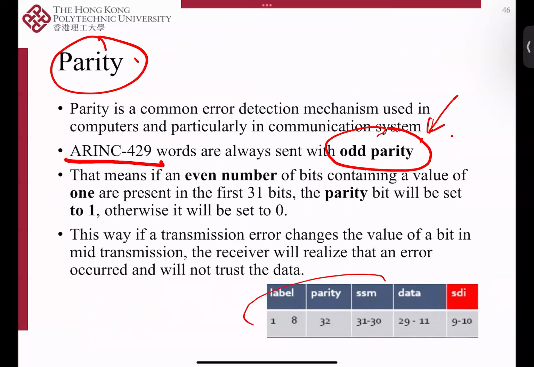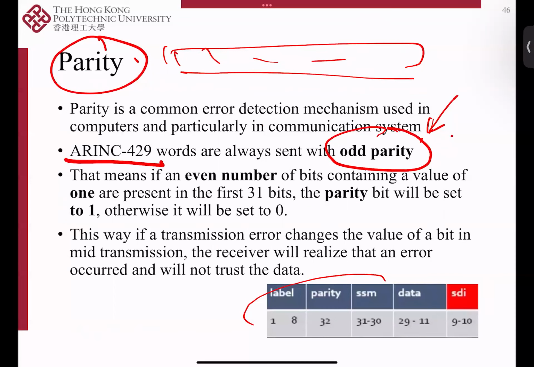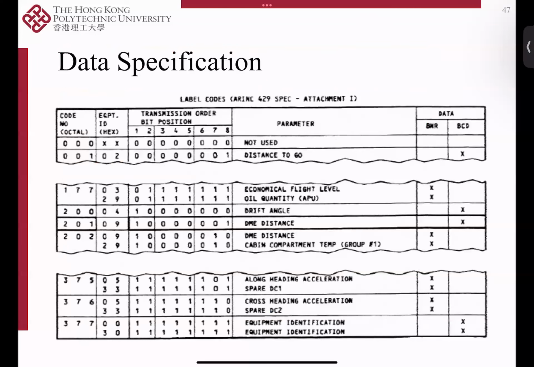If all the boxes added up together give an odd number, it is a correct signal. If it becomes an even number, then during the propagation one of the boxes had some problem. They flipped from 0 to 1 or from 1 to 0. So the information itself is incorrect due to something wrong in the propagation.